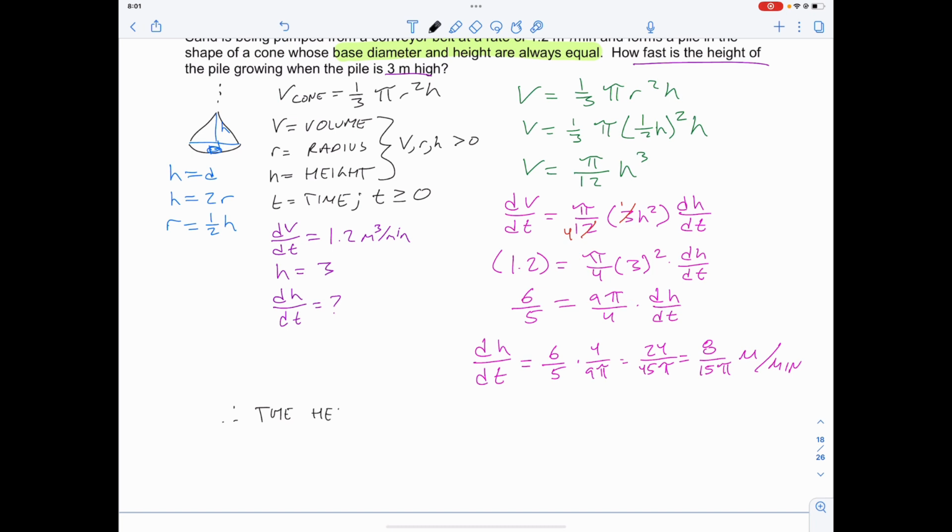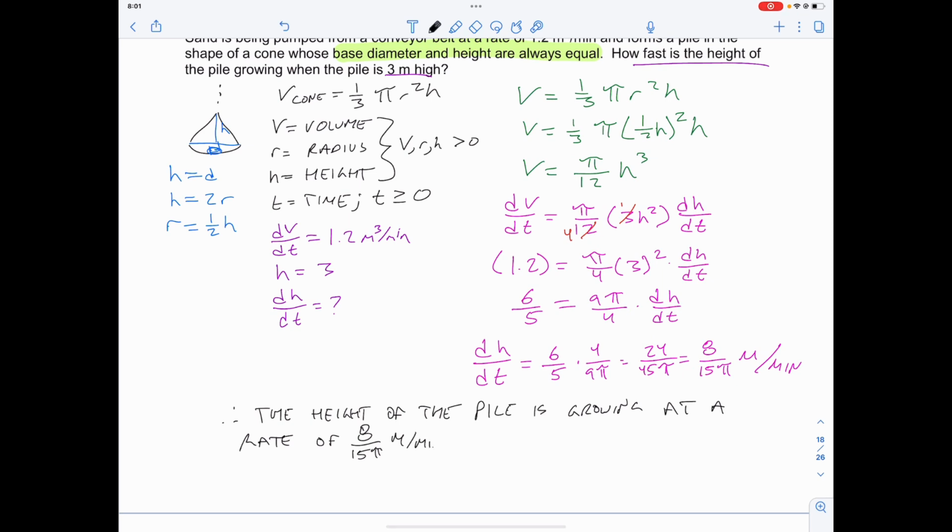The height of the pile is growing at a rate of 8 over 15 pi meters per minute when the pile is 3 meters high. And that's it.